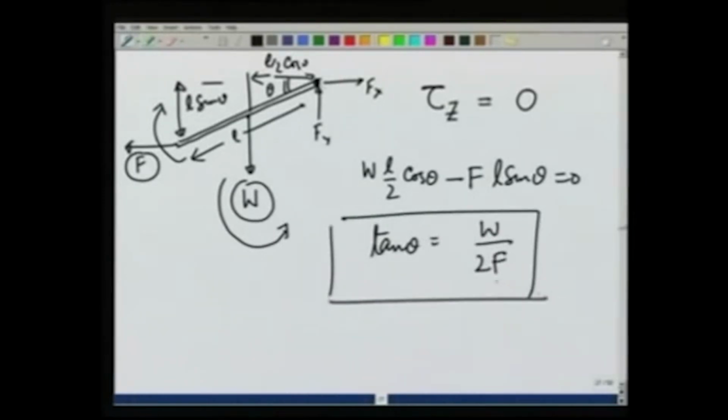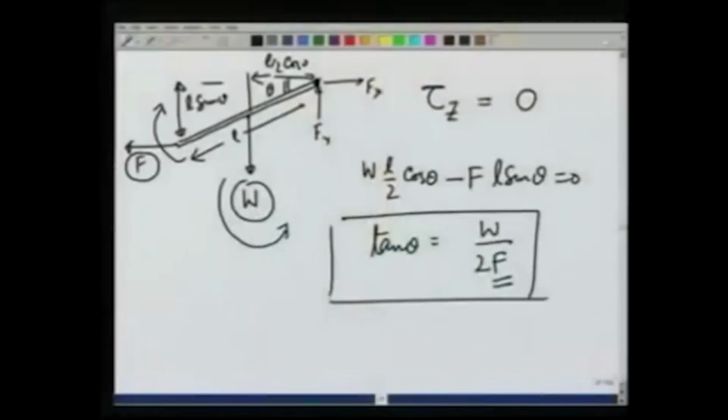You notice, larger the force that you apply, smaller the angle, and that you experience when you do something like this. You pull the berth out, it goes higher and higher and higher. So, this is an example of solving a simple problem using hinge forces.